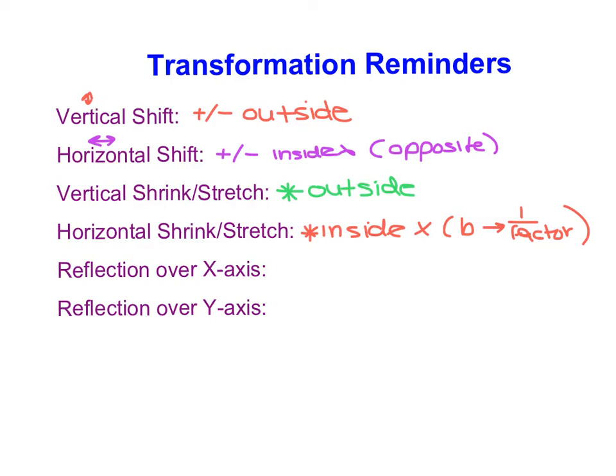Then a reflection over the x-axis is going to be a multiplication of -1 on the outside. And a reflection over the y-axis is going to be a multiplication of -1 on the inside wherever x is located. So we're going to apply these same concepts as we tackle manipulating and transforming functions written in standard form.